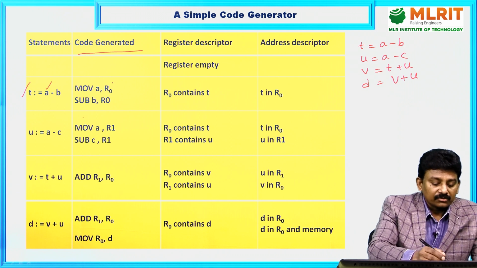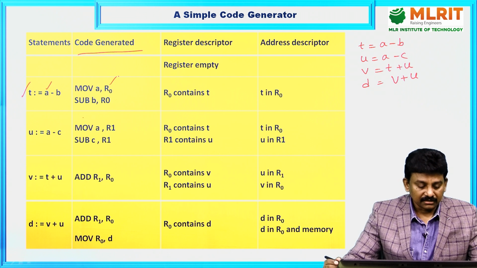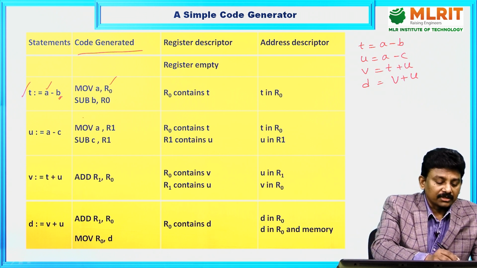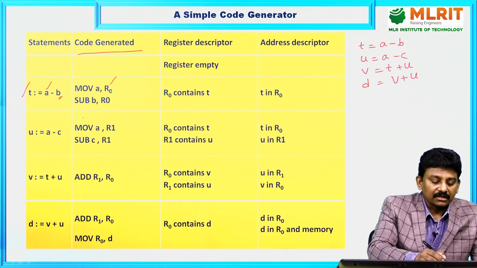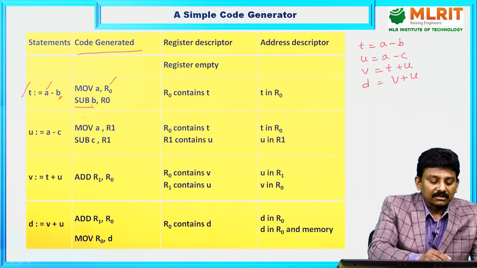move a to a register r0. r0 is a register, a is a variable. The content of a is moved to a register r0. After that, second instruction, subtract b from r0 because r0 will contain a. So sub b comma r0, b is subtracted from r0, the result of subtraction will be stored in register r0.